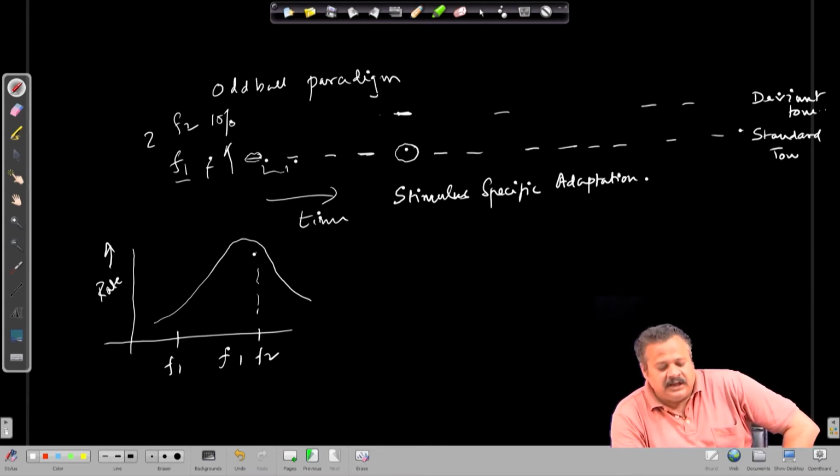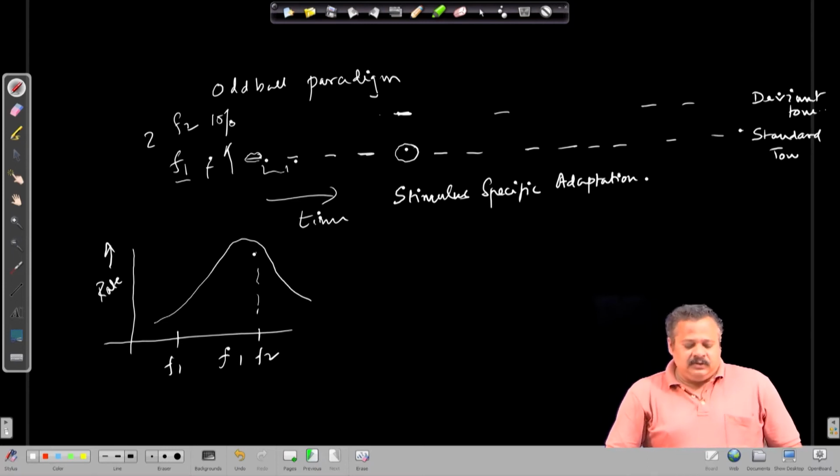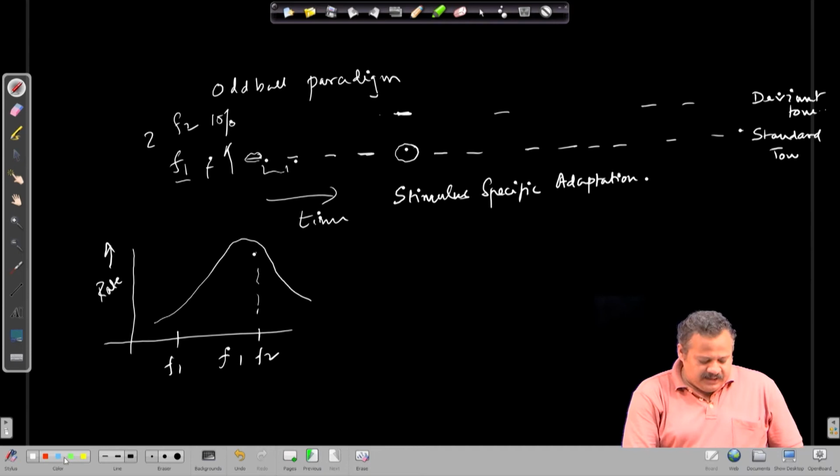So we have to take care that it is not the inherent tuning of the neuron that comes into play when we are thinking of stimulus specific adaptation, and we have to control for that tuning. Essentially, these are played in a pair of stimulus sets: wherever you have f1 as the standard, in another set you play f2 as the standard and f1 as the deviant or the oddball.